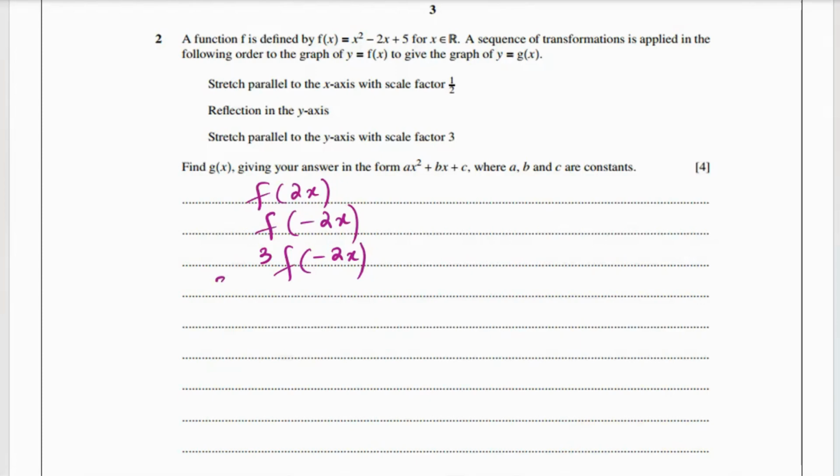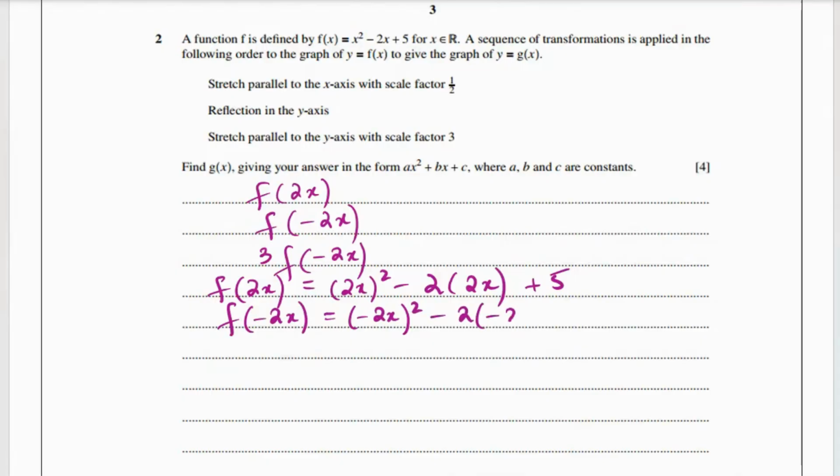So first, we replace x with 2x. So that's going to be 2x whole squared minus 2 times 2x plus 5. Then we're replacing it with f of negative 2x, which means now it's going to be negative 2x whole squared minus 2 times negative 2x plus 5.